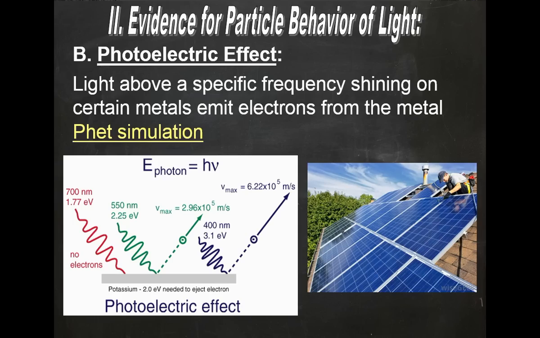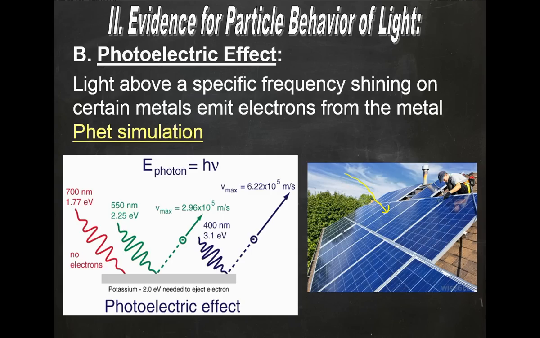Now, the work done by Albert Einstein on the photoelectric effect actually got him his Nobel Prize. Solar cells are an application of the photoelectric effect. How a solar cell works is light comes down and strikes the metal that it's made out of.